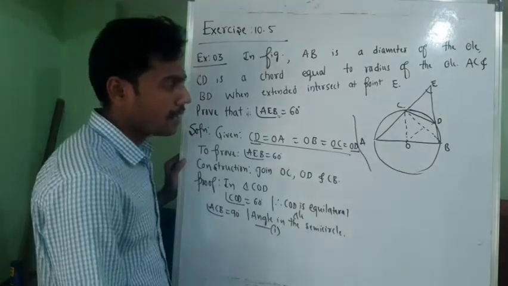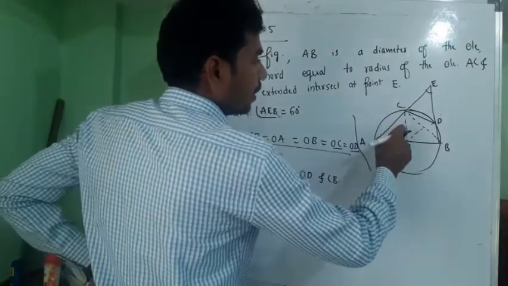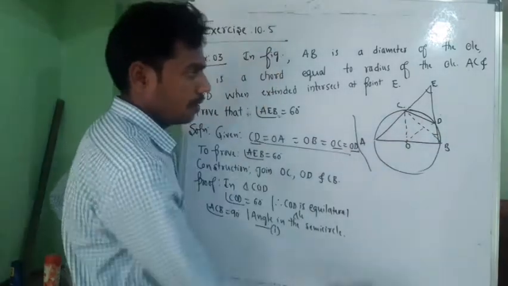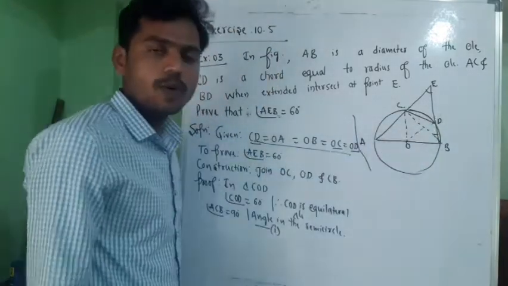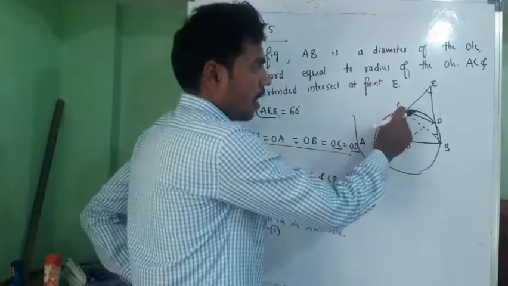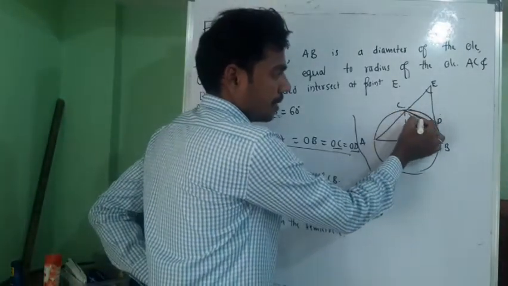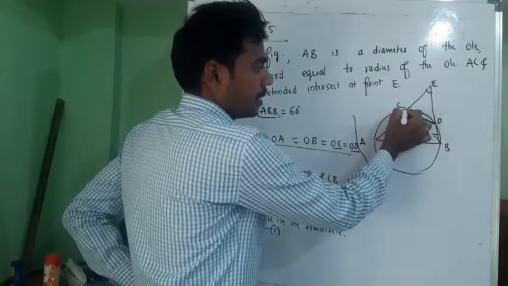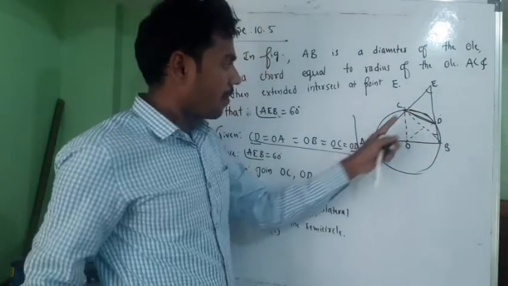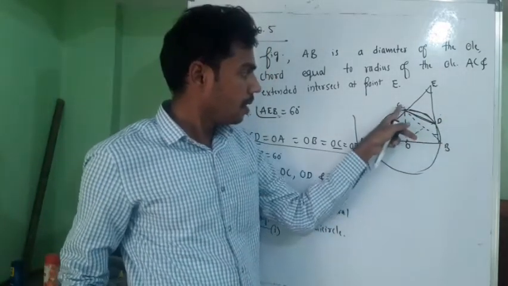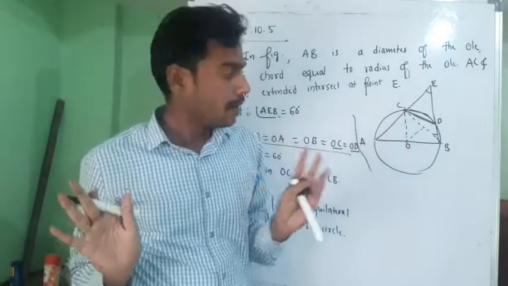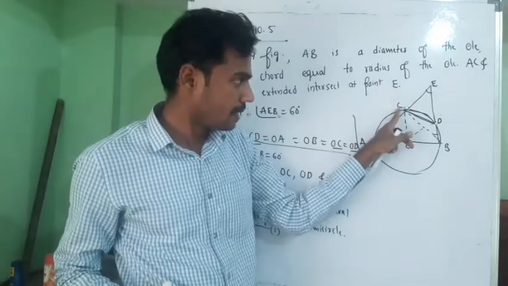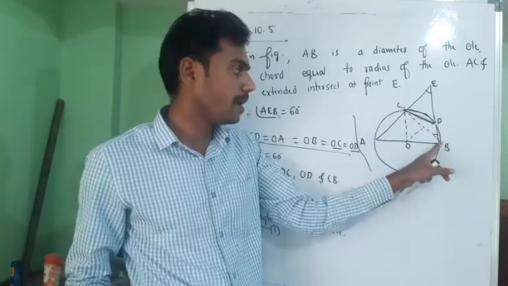So then what I can write now, see, angle CBD is equal to what? See, for arc CD, COD is the angle formed at the center, and CBD is the angle formed by the same arc at any point on the circle.